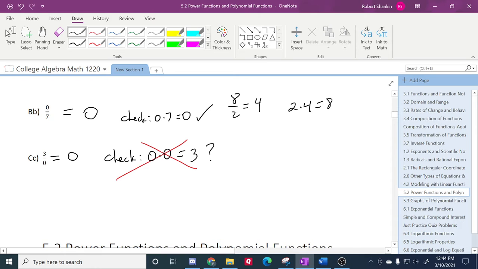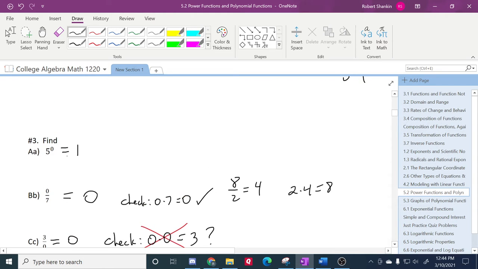Added 2 to itself 4 times to get 8. So it's how many times bigger the top number is than the bottom number. And how many times do you have to add 0 to itself to get the 3? Add to itself a million times and you're still stuck at 0.